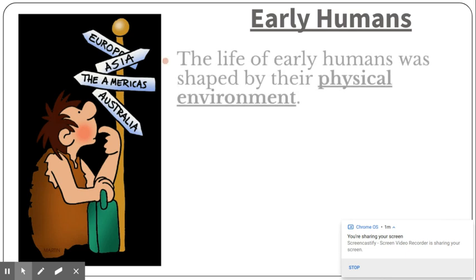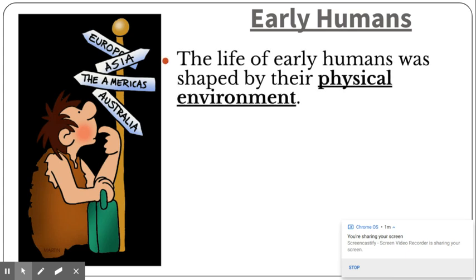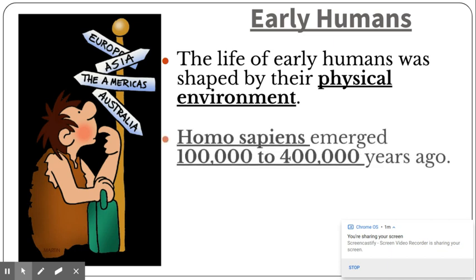Our early ancestors, or early humans, truly depended upon the physical environment. The area that surrounded them, whether it was deserts, valleys, savannas, or mountains, truly had an effect and shaped the lives of our early ancestors.